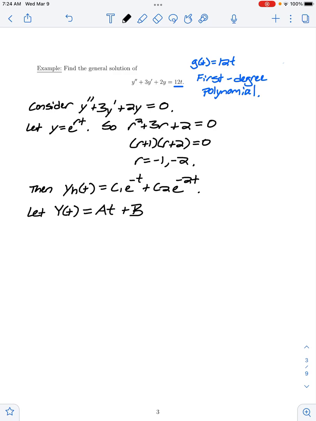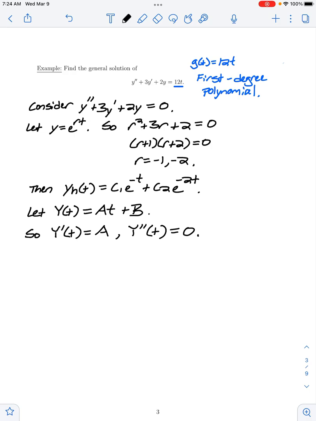To find our coefficients, we're going to substitute capital Y and its derivatives into our non-homogeneous equation. So let's find our derivatives. Capital Y prime would just be A, and capital Y double prime would then be 0.